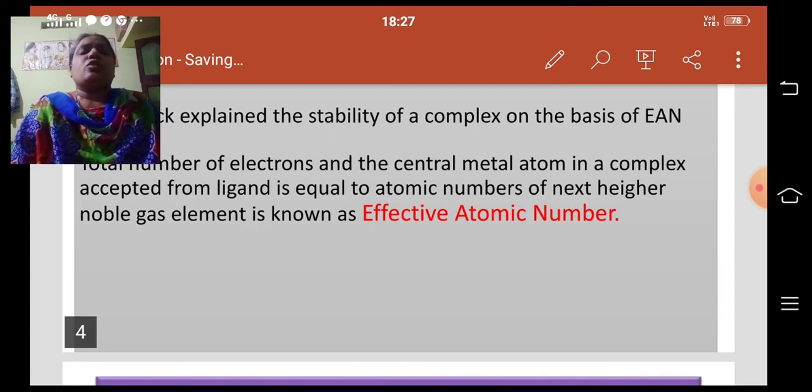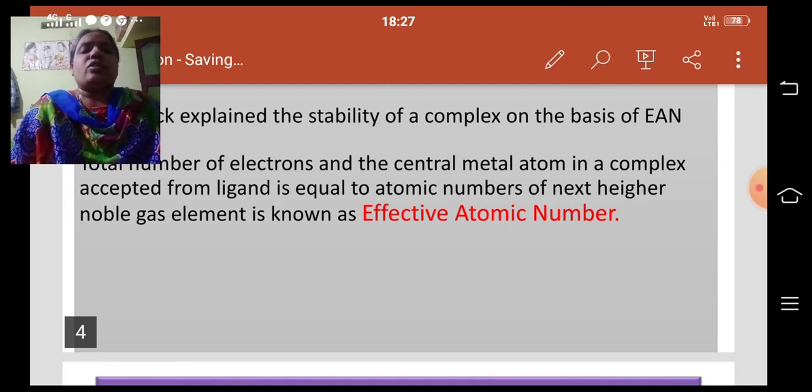The total number of electrons in a complex, that means the number of electrons in the metal or metal ion and the number of electrons accepted from the ligands. The summed value, if it equals the atomic number of the next inert gas element, that number is known as the effective atomic number.